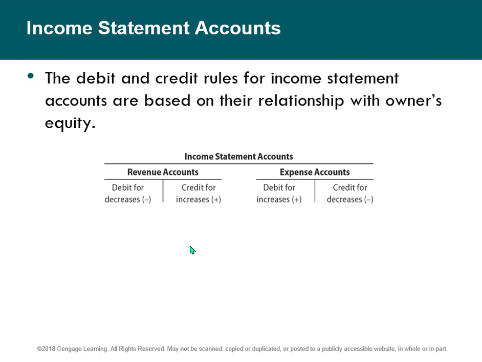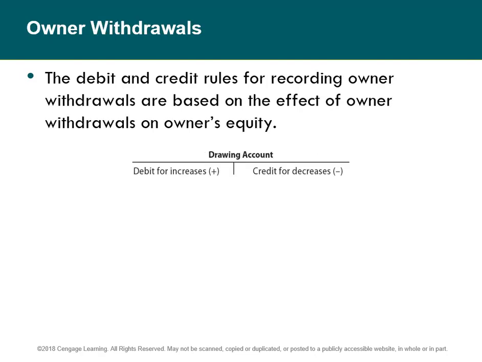Here are the income statement accounts. The way to think about this is that these move the way owner's equity moves. So revenue increases with a credit, and expenses increase with a debit, and they subtract from revenue. The drawing account is kind of a sneaky account.